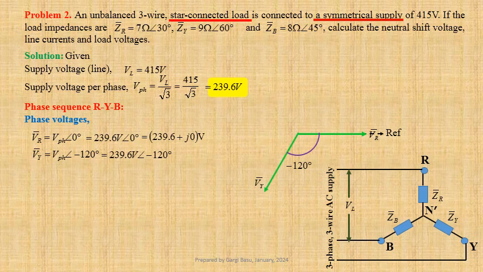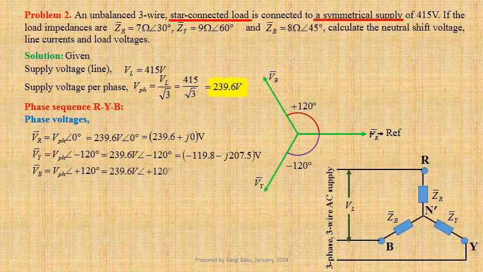In Cartesian form, this may be written as minus 119.8 minus j times 207.5 volt, and VB equals V phase at an angle plus 120 degree, that is equal to 239.6 volt at an angle plus 120 degree. In Cartesian form, this may be written as minus 119.8 plus j times 207.5 volt.